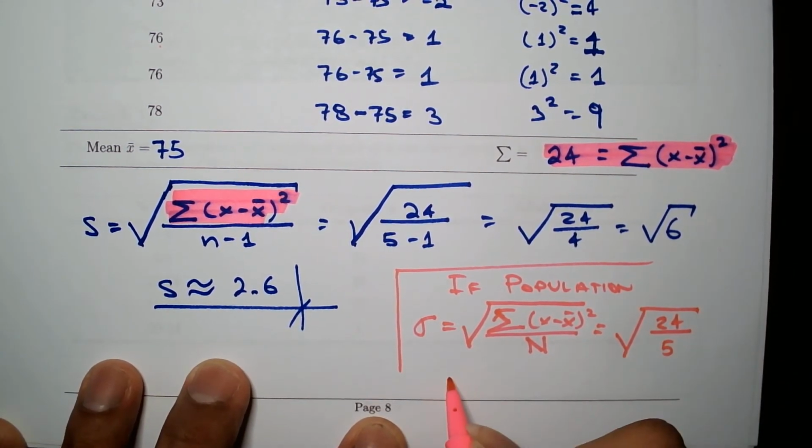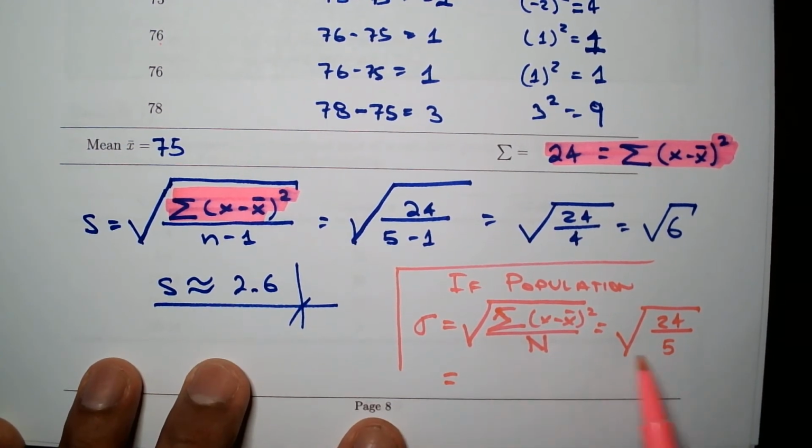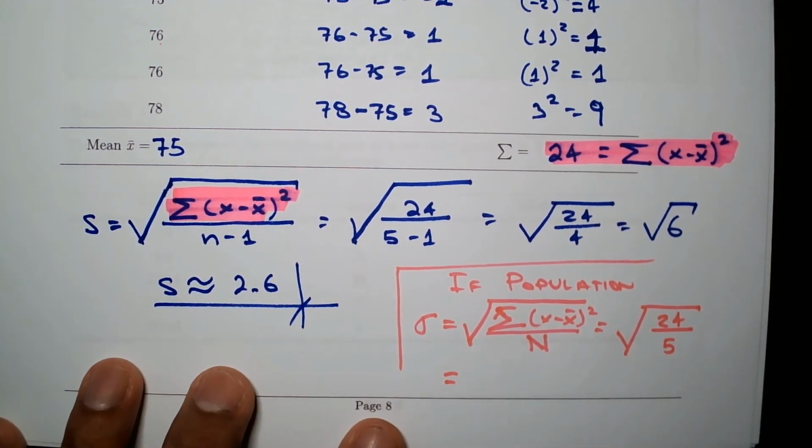So the calculation would have been similar, except we don't subtract 1 in the denominator.